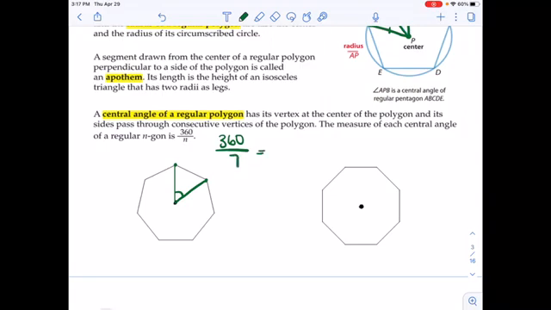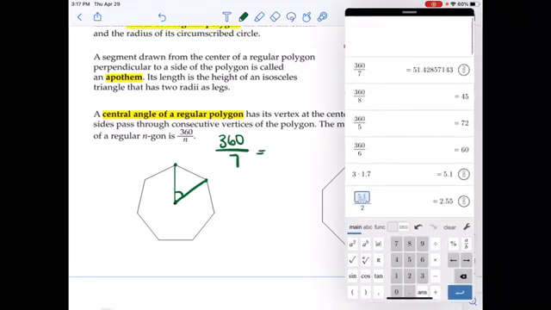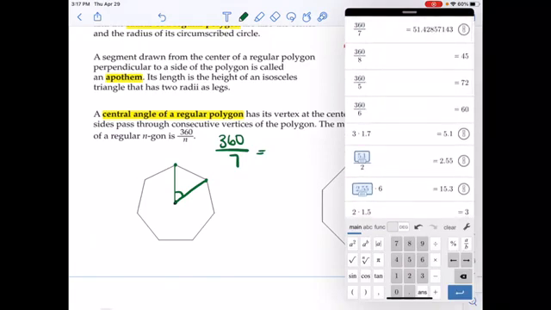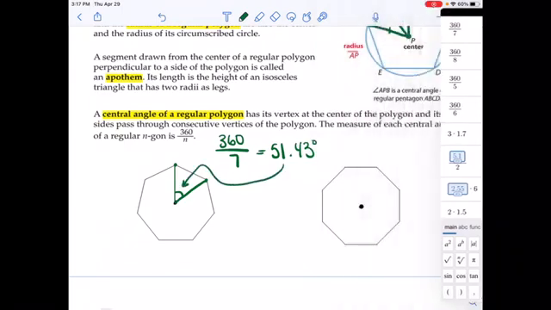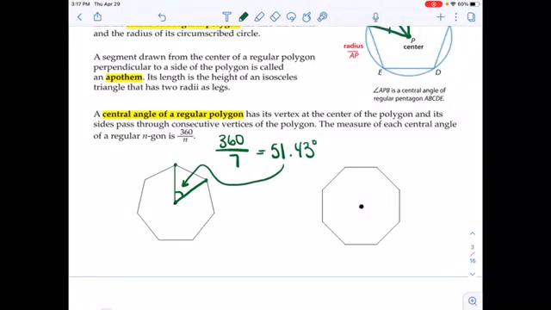There are 7 sides in this particular polygon. So if you divide those, the central angle is 51.43 degrees for that angle. Now we're going to use this, so make sure you know how to do it.